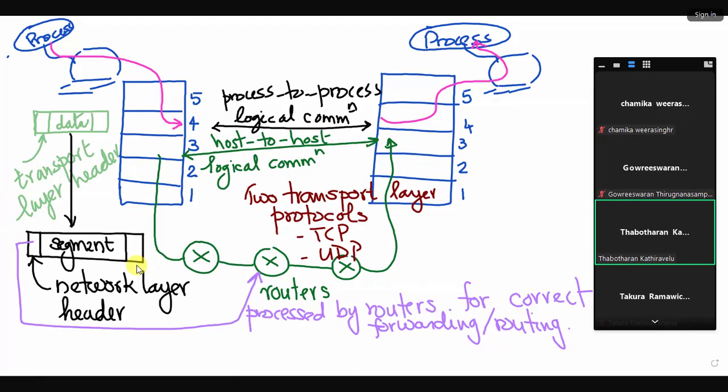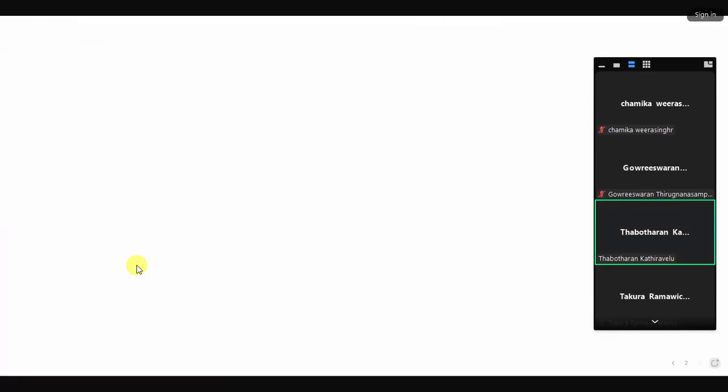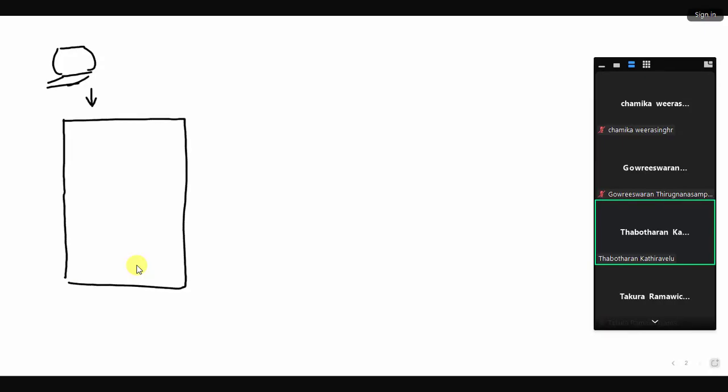One more thing. Once again, we have our 5-layer architecture on both sides of the hosts, where the data is sent. We have layer number 3, layer number 2, layer number 1, layer number 5, and 4.